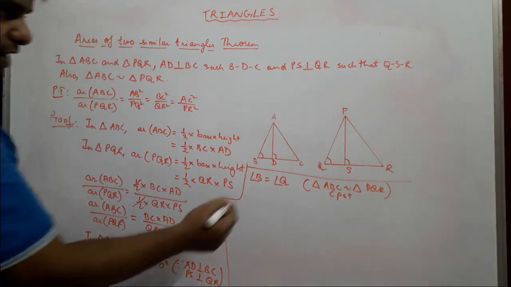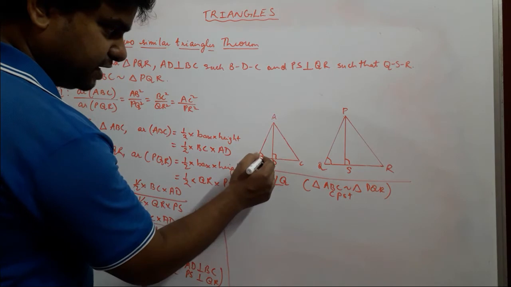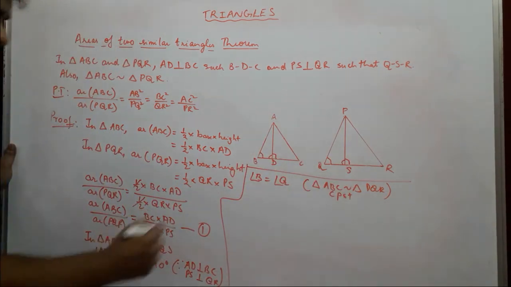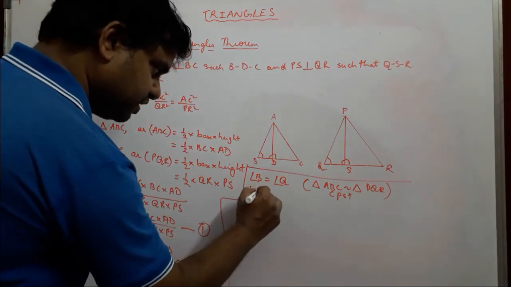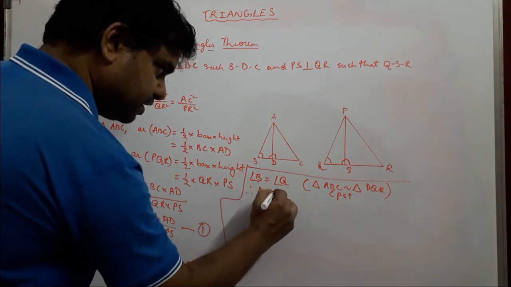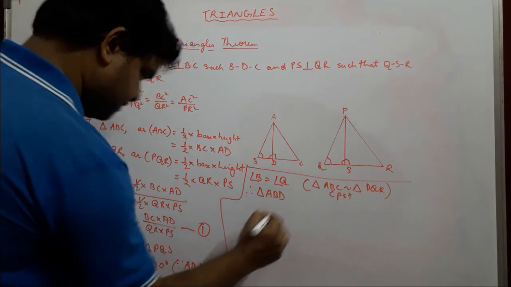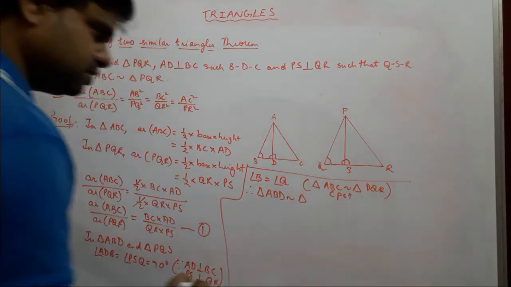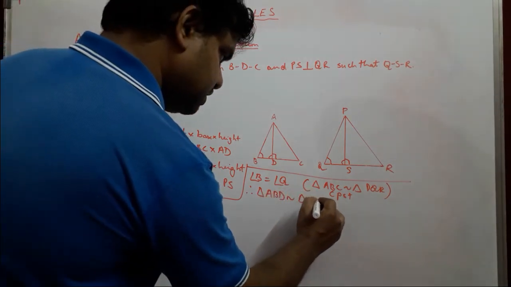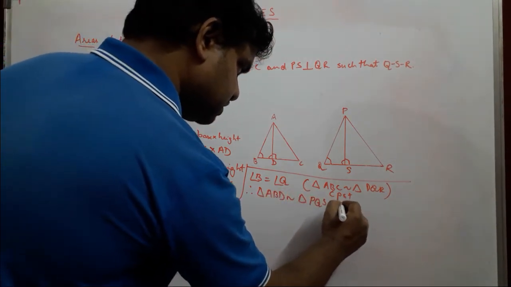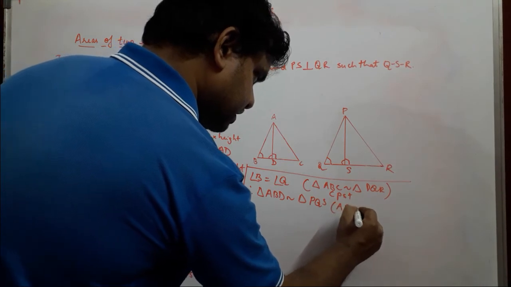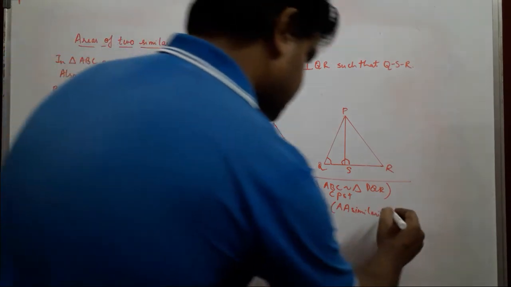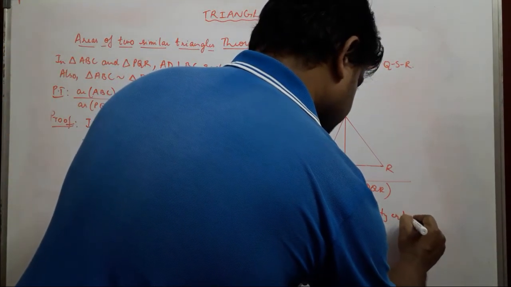So now we've got two angles equal, that is this angle plus we've got this angle. Therefore we can say triangle ABD is similar to triangle PQS, and this is by AA similarity criteria.